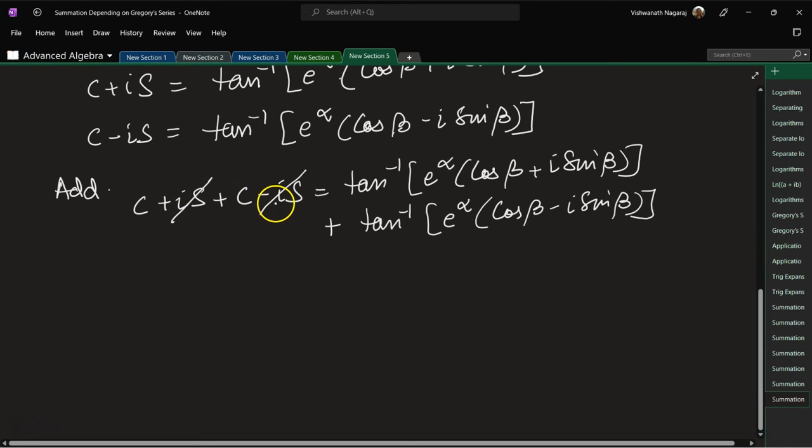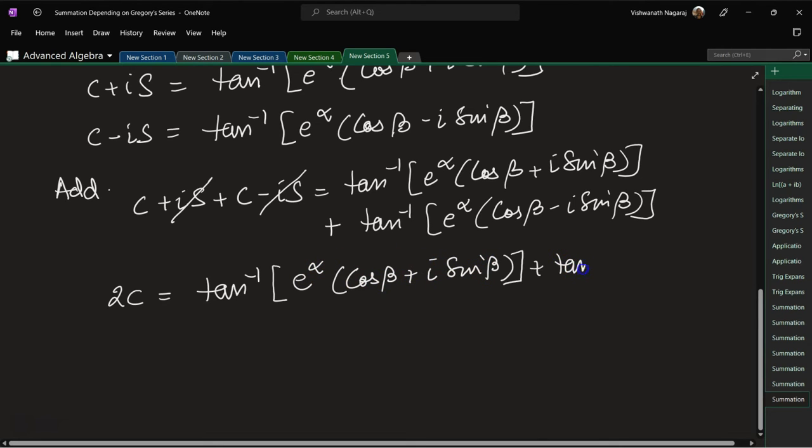IS gets cancelled and we are left with 2C is equal to tan inverse of e to the power of alpha cos beta plus I sin beta plus tan inverse of e to the power of alpha cos beta minus I sin beta.